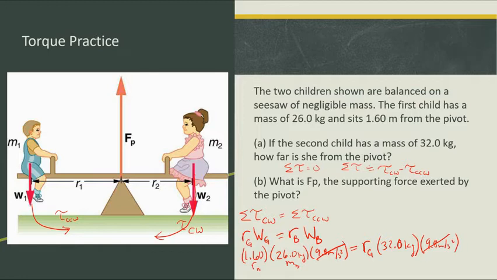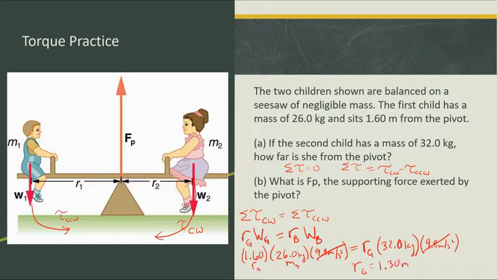Okay, and that's going to end up giving me the radius that the girl is sitting at. So that value is going to be 1.3. So the radius of the girl is going to be 1.30 meters.